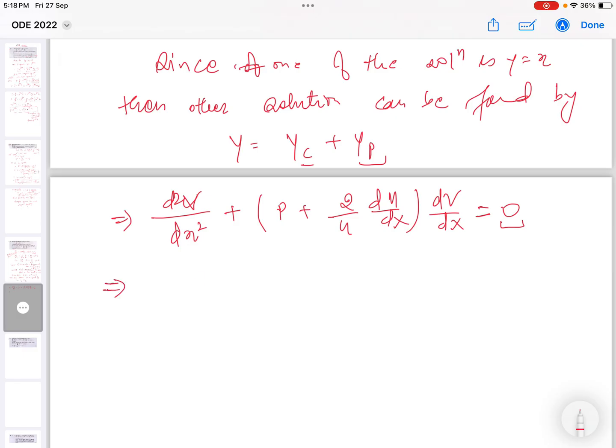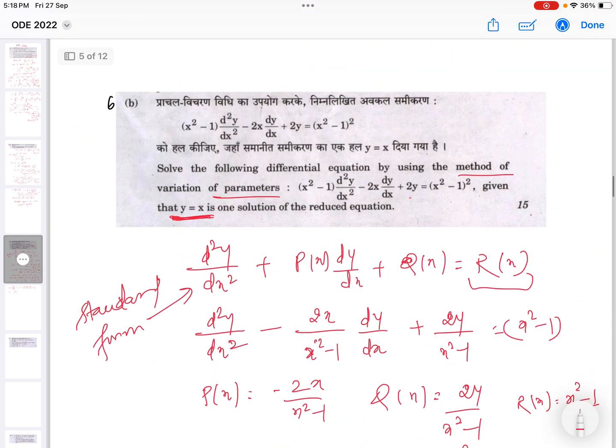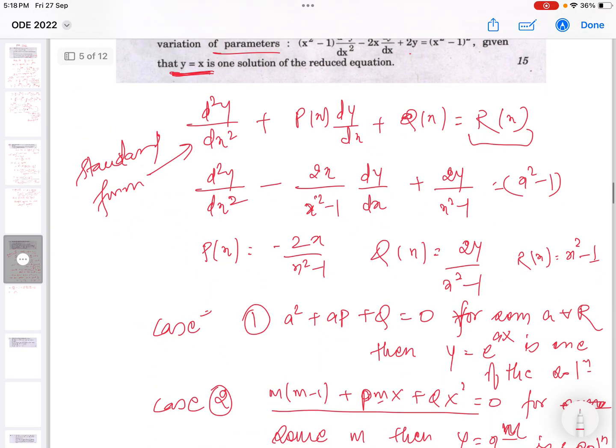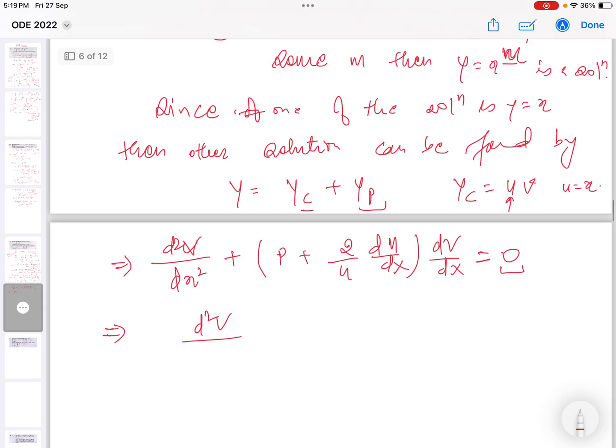So we'll be putting the value of u here, and yc would be uv, where u is x, one of the solutions, and we need to find v.